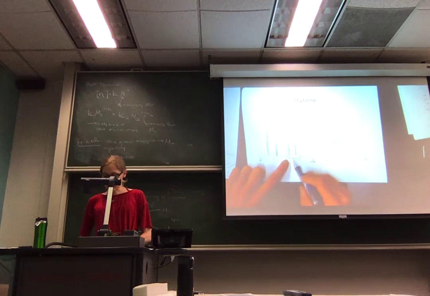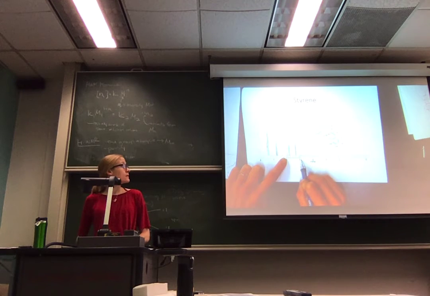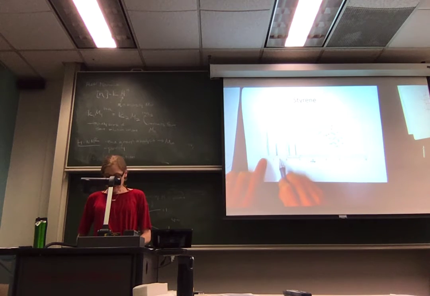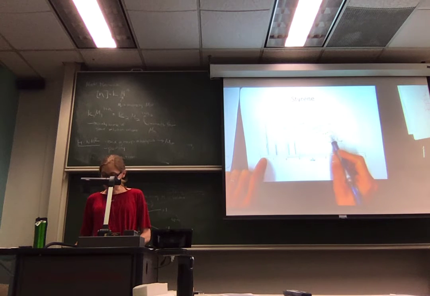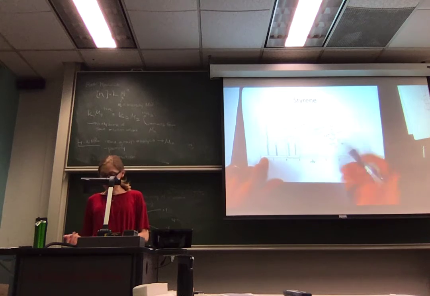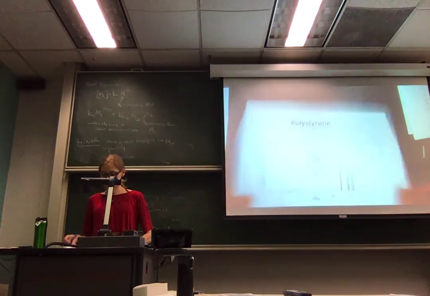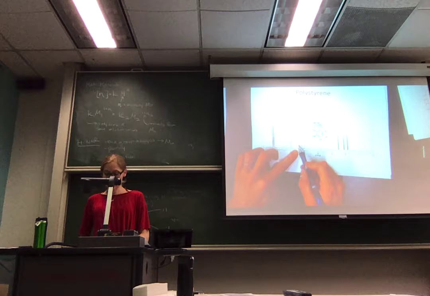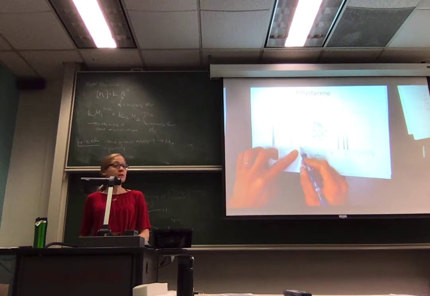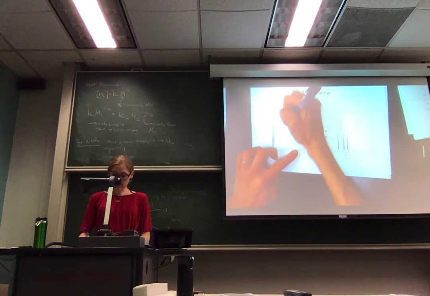So we see those are peaks between 5 and 6. These peaks up here around 7 correspond to the aromatic ring here. And when we polymerize, we see in that box, after polymerization, there are no more alkene peaks.